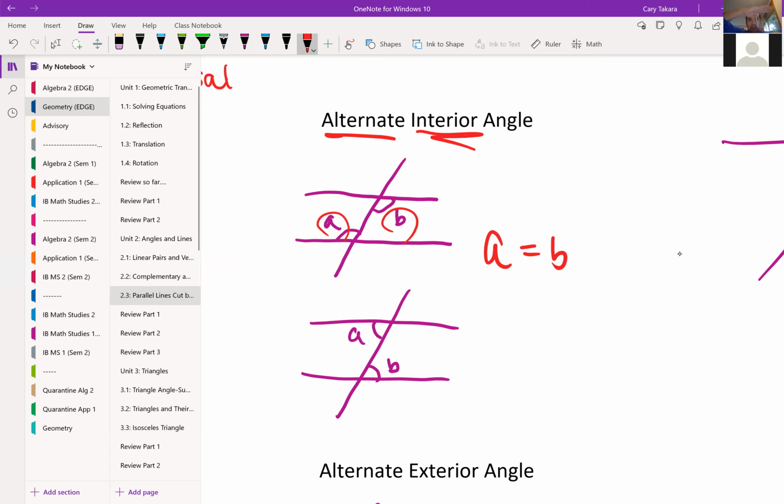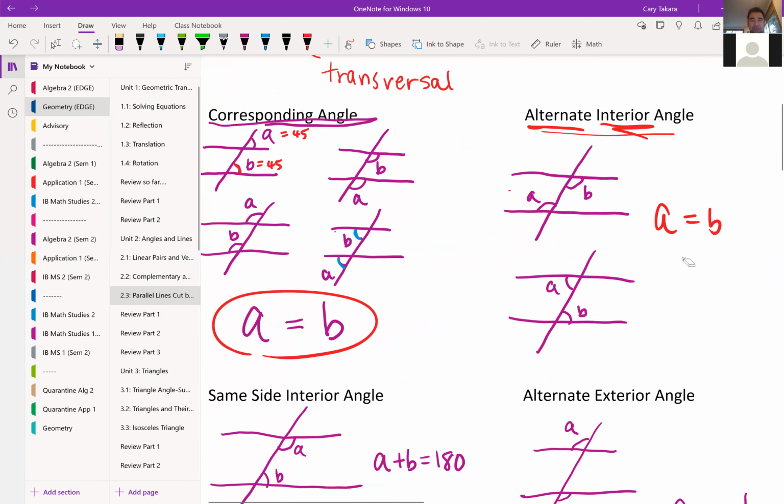A and B are inside of the parallel lines, and one is on the left side, one is on the right side. So these are called alternate interior angles, and they are again equal to each other. If A is, let's say, 130 degrees, what is B going to be? B is going to be 130 again. Okay, they are equal. So that is alternate interior angles.